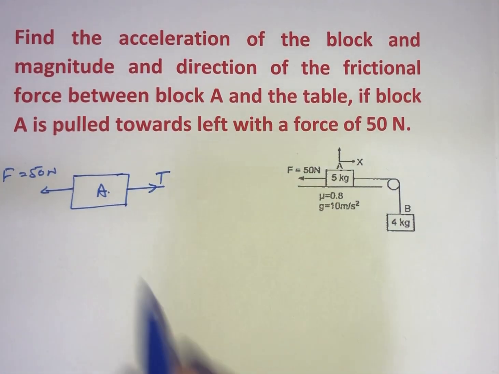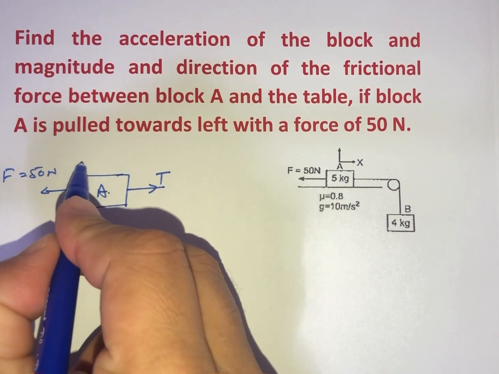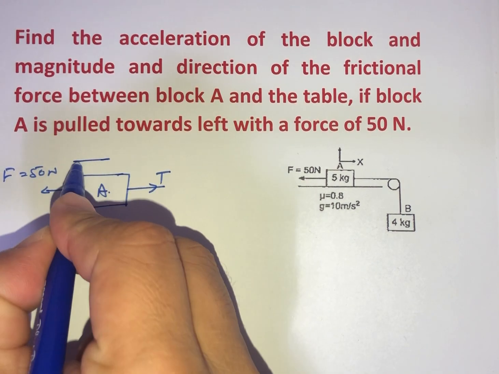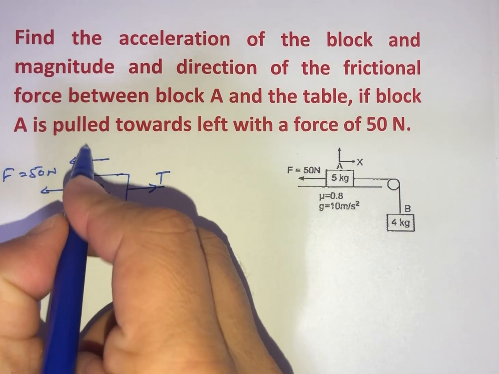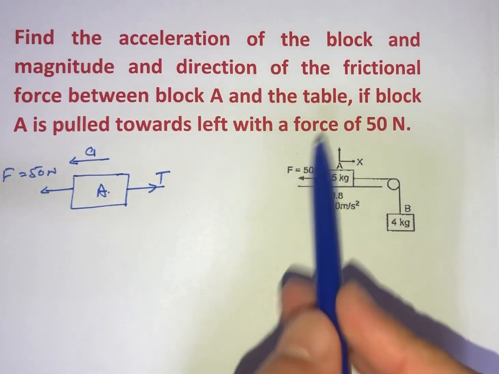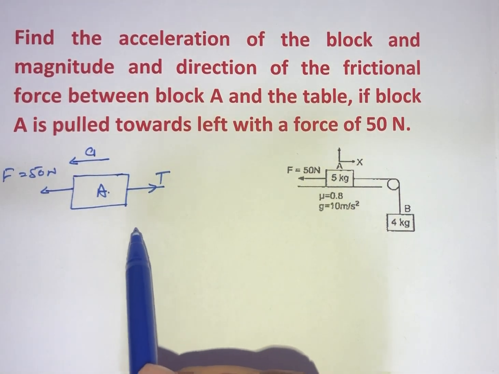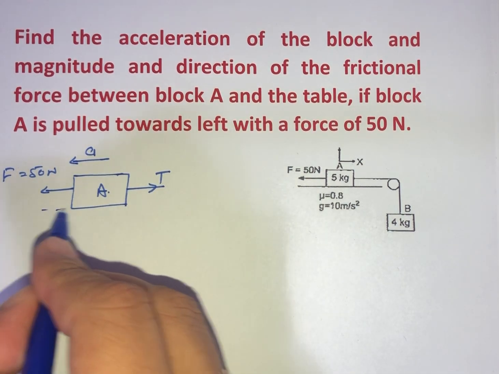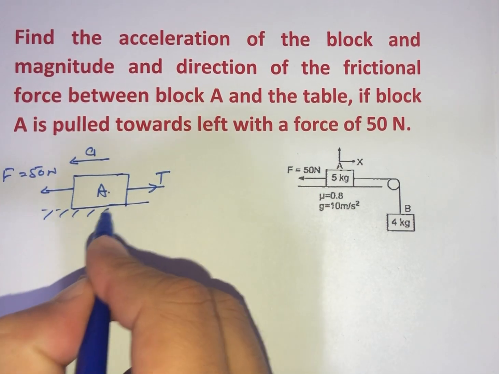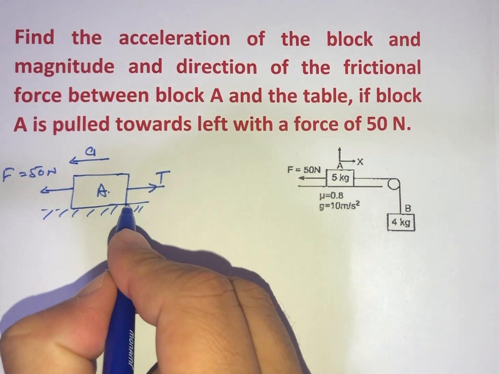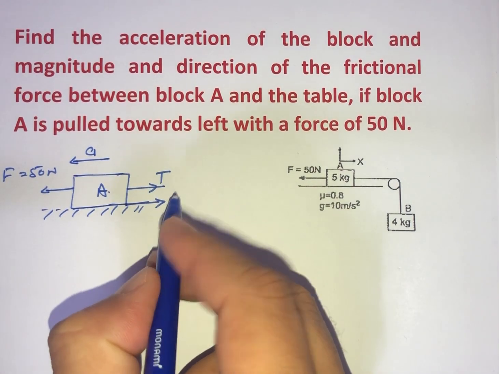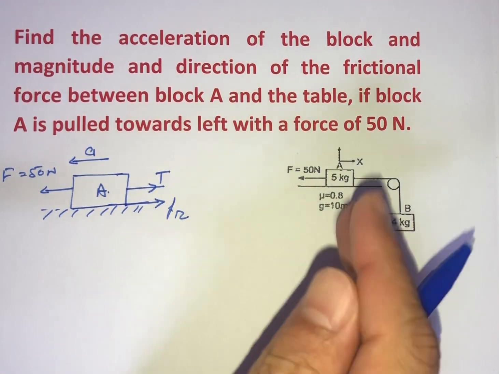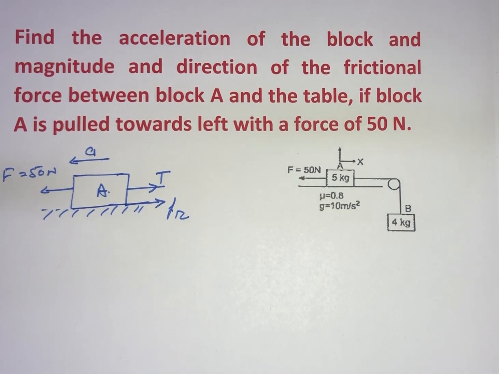Okay, and we assume that this block A is moving towards left with the acceleration a, which we are going to also find out later on. So this is the table. So there will be a frictional force Fr in the opposite direction to the applied force.